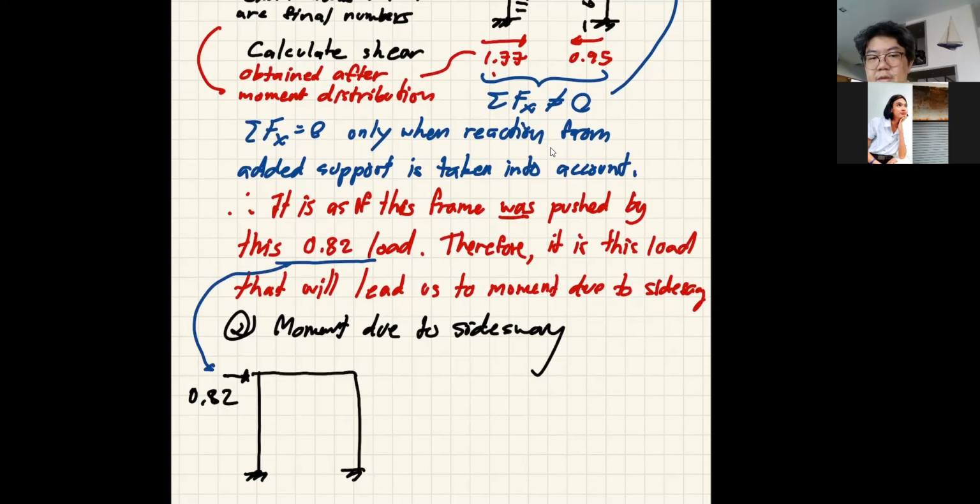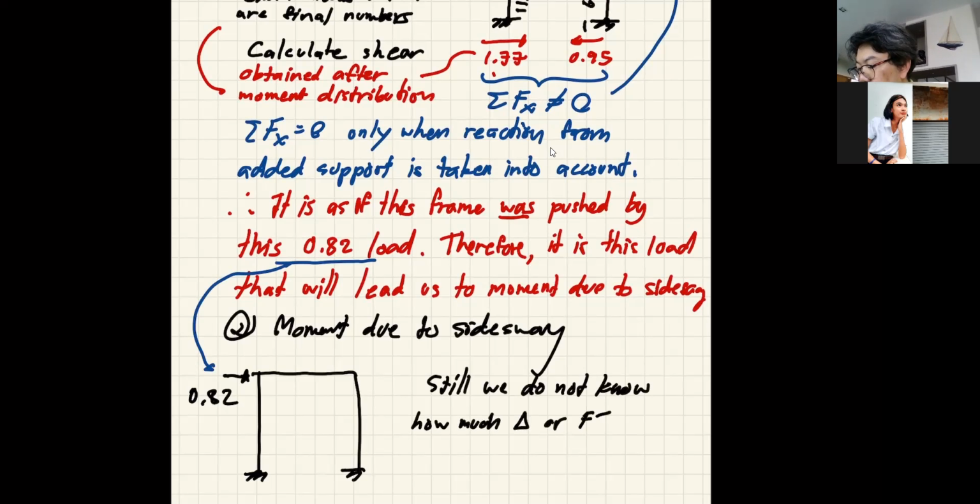Okay, but again, we know the load, but we don't know how much delta or FEM is. I was going to write the question mark. Okay, still we don't know. So we have to assume something now.